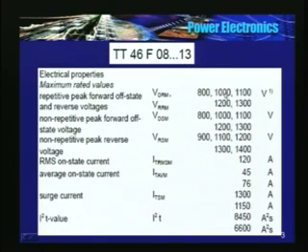If it is 13, the voltage rating is 1300 volts. See, repetitive peak forward, off state and reverse voltages. These are the various voltages. See the RMS current rating, 120 amperes, whereas the average on state current is 45 amperes.